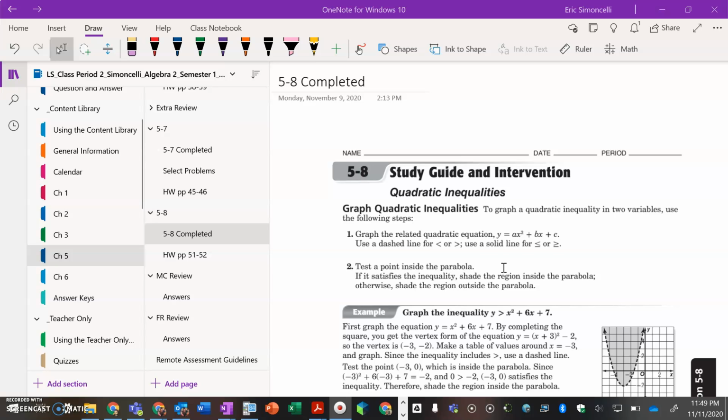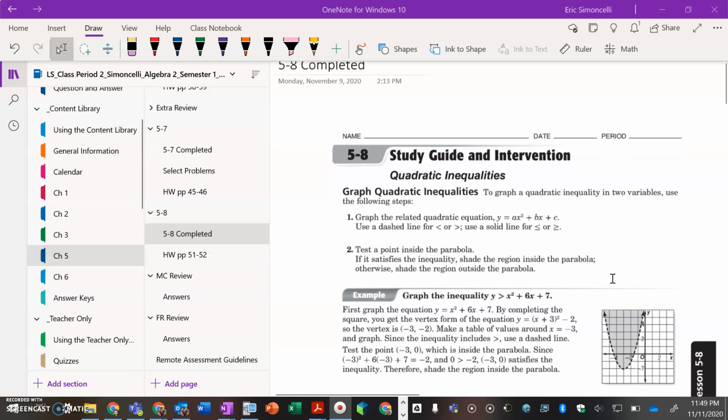And if it opens up and it's a less than inequality, or less than or equal to for that matter, we'll shade below or outside the parabola. So again, test points, although they work, it turns out you can do another set of steps to get the shaded region.